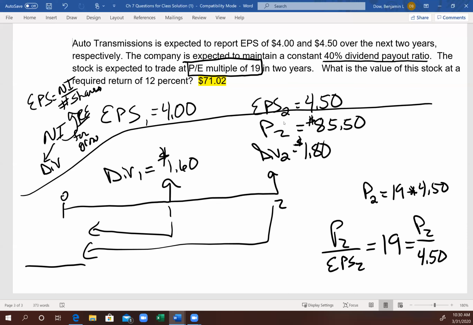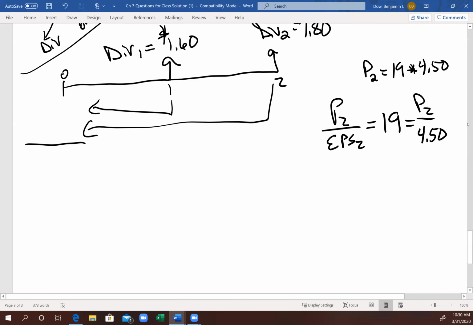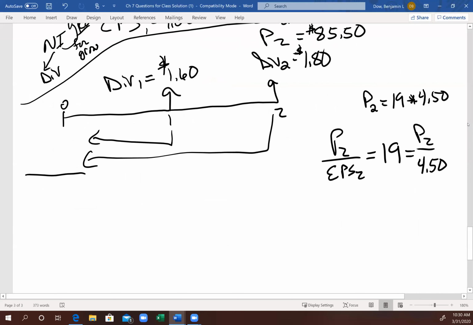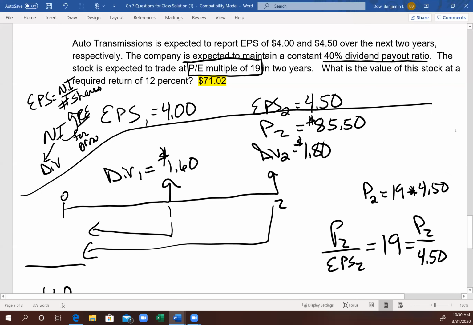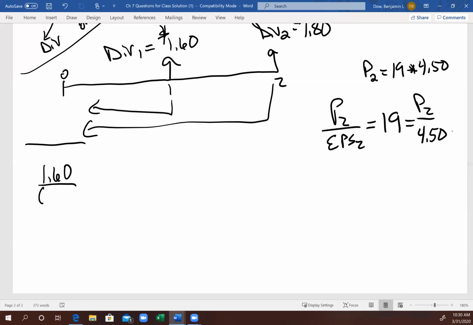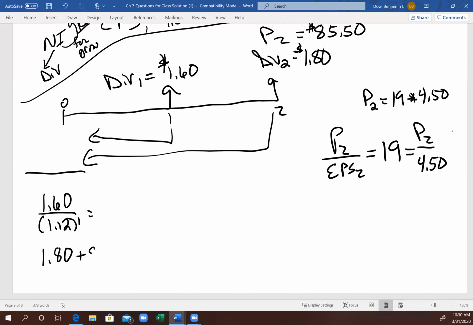Now to find the intrinsic value, I've got to find the present value of $1.60 at 12%, and the present value of $1.80 plus 85.50. Those are both in year 2.